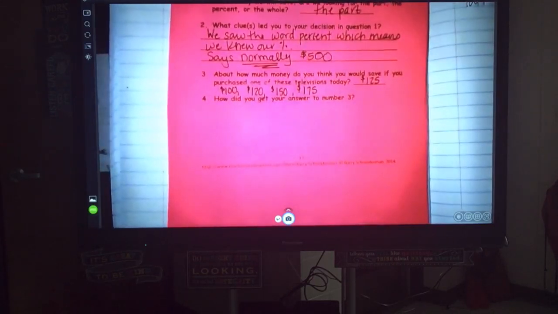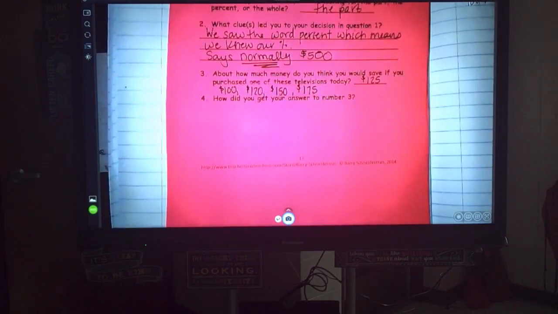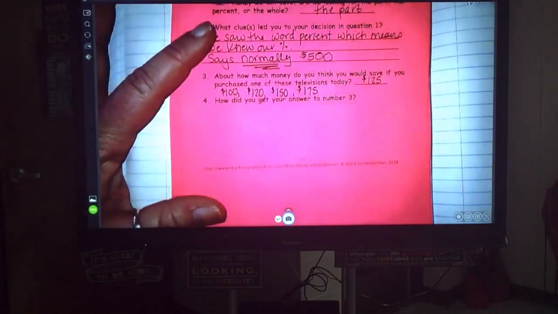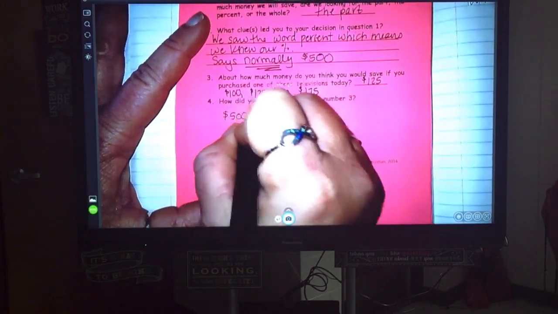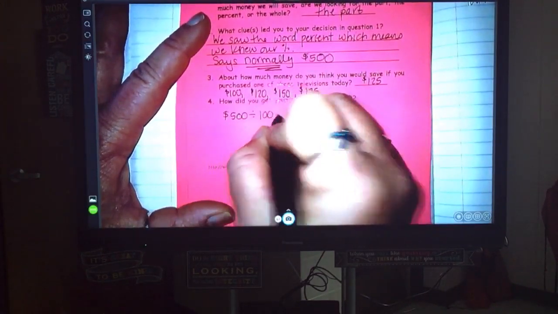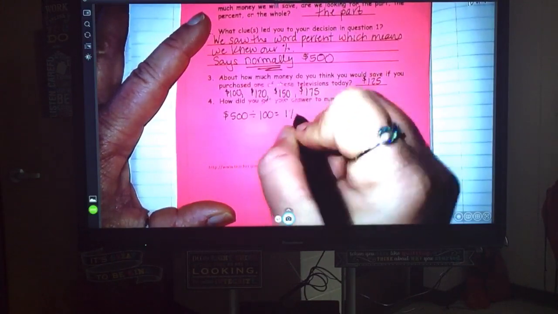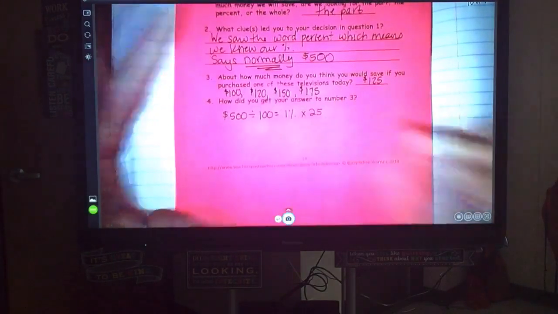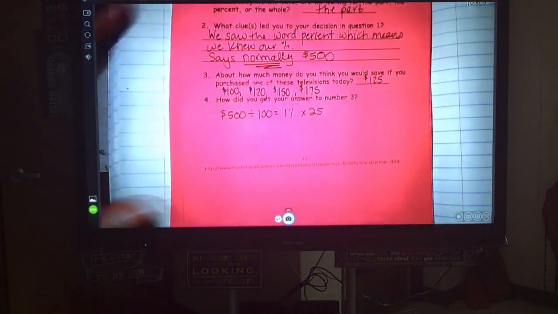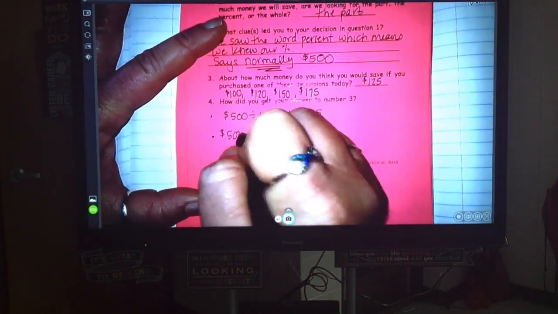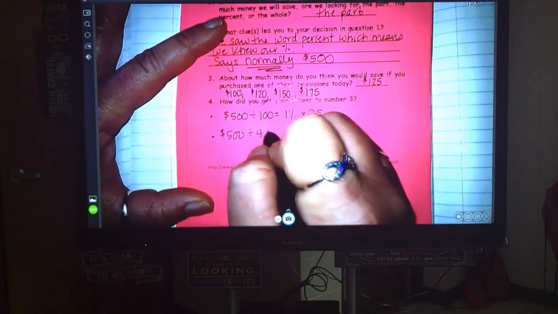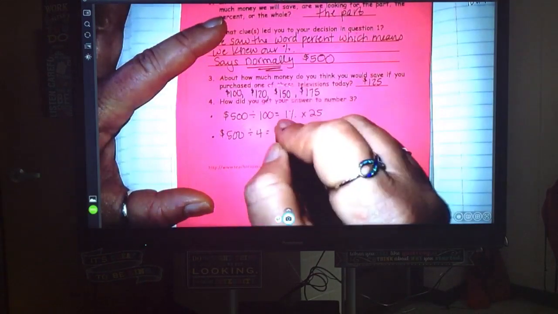So if you got 125, please walk me through how you got that, Michaela. So I did 500 divided by 100 to see what 1% was, and then I multiplied that by 25. Equals 1% and then times 25. Okay, perfect. All right, Ace, what did you do? I divided 500 by 4 because I know that 100 divided by 4 is 25, so I thought that would work.